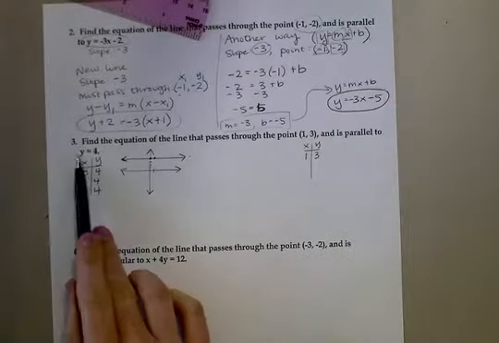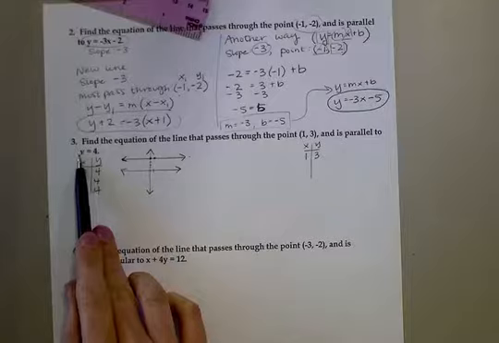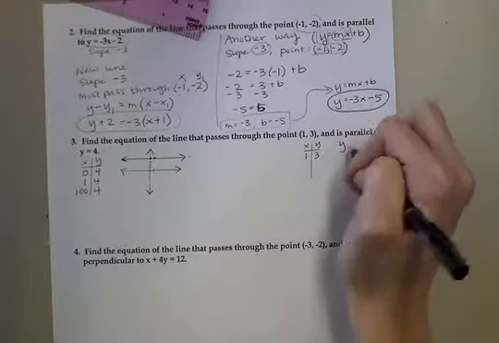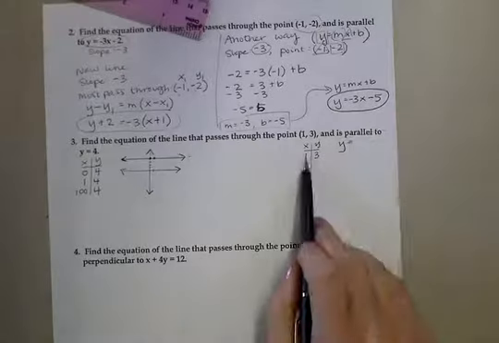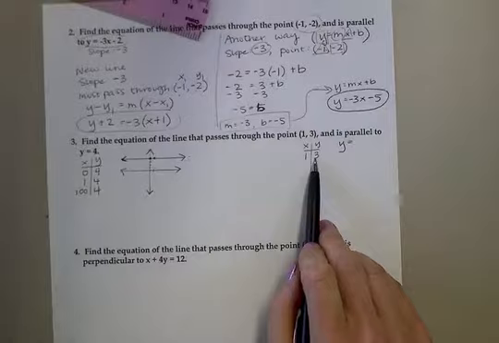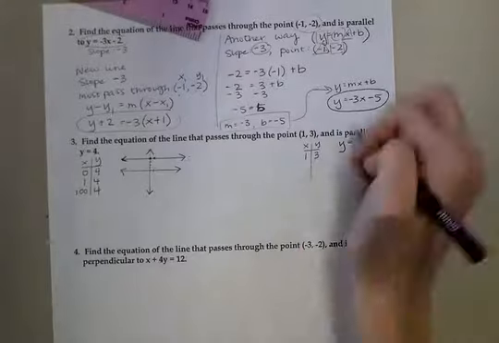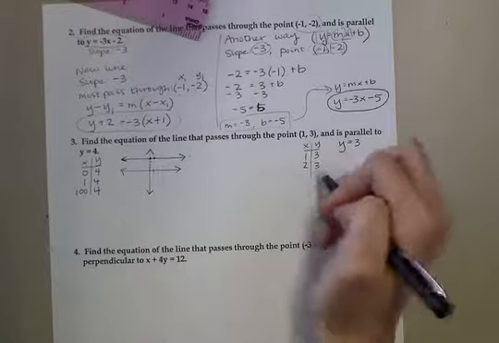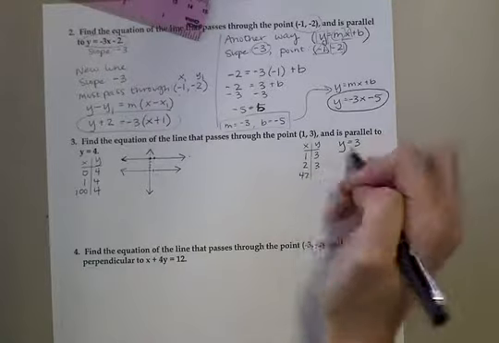Now remember, horizontal lines are of the form y equals some number. So we want our y to be equal to what? Well, if x is 1 and y is 3, and we want a y equals equation, well, y must always be 3. So if x is 2, y is still 3. If x is 47, y is still 3.